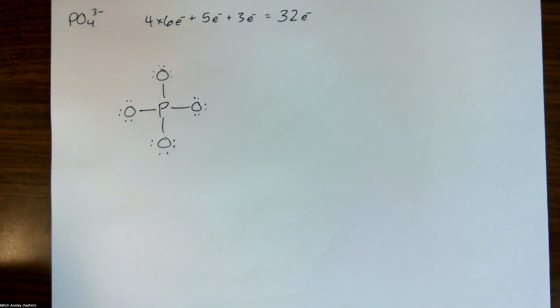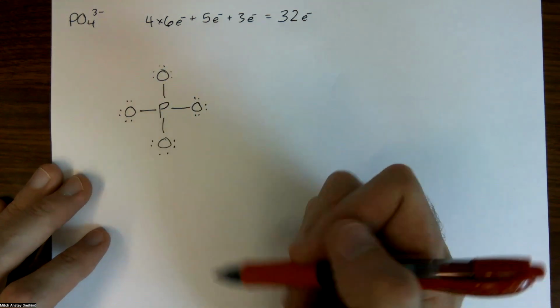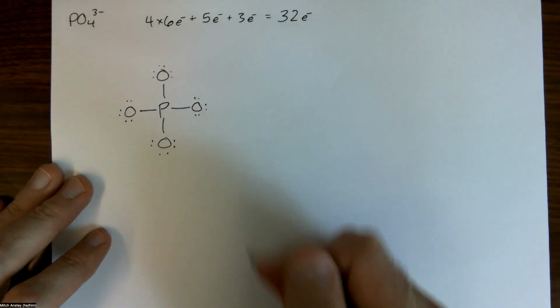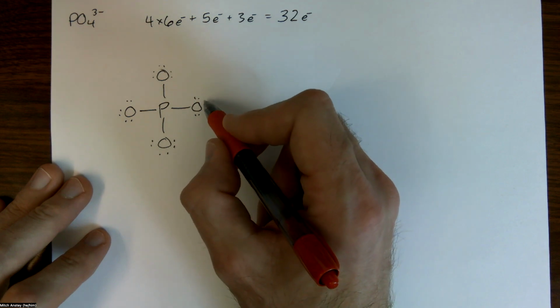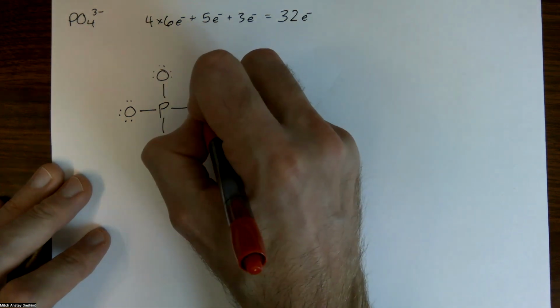At this point, all octets are filled, phosphorus and the 4 oxygens. I'll go ahead and do formal charges now. Each oxygen should have only 6, but it does have 7, one more negative charge.